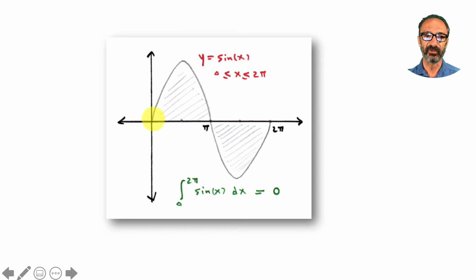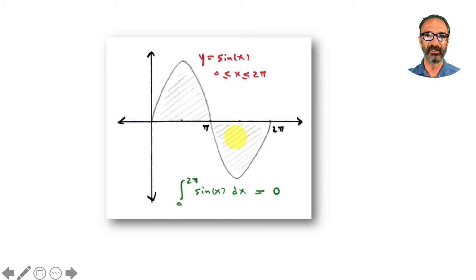Sine x goes from 0 to 2 pi: up, down, halfway at pi, down and back up to 2 pi. This and this are symmetric. This is above, this is below. Using the integration with heights, that's going to give you a positive number, and that's going to give you a negative number.